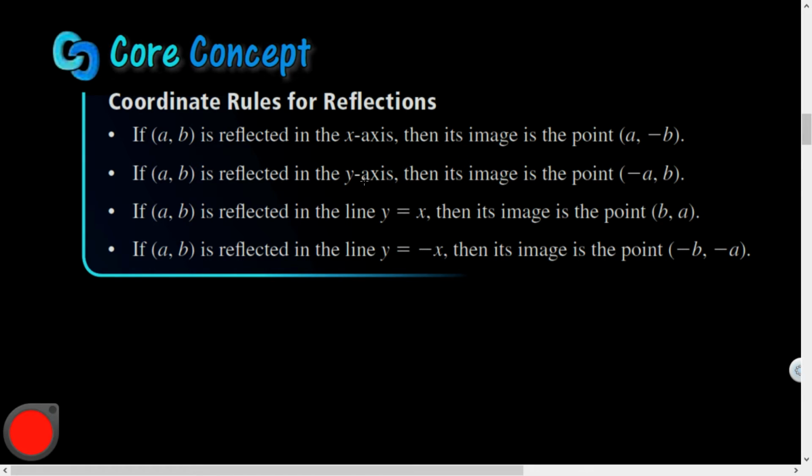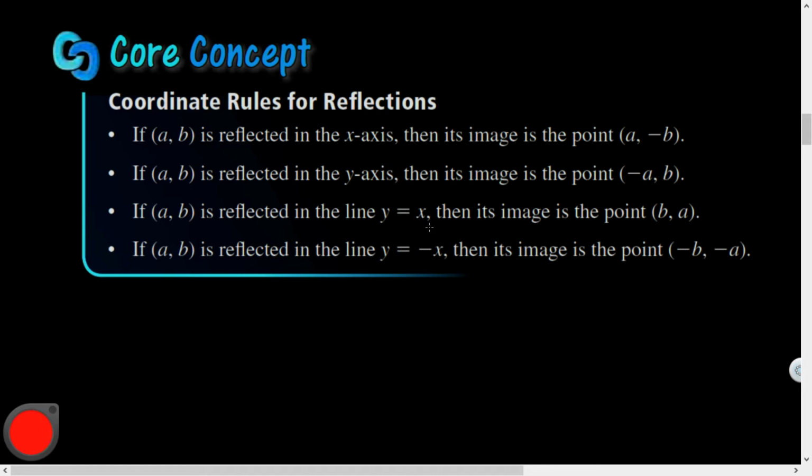If it's reflected in the y-axis, you do that by simply oppositing the x-coordinate. You could look through some of our previous examples and see if that had worked when we did that reflection, and you would in fact realize that is the case. If we reflect over the line y equals x, notice this symmetric concept.